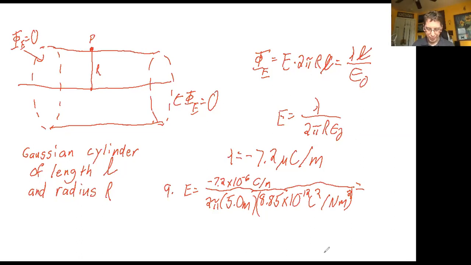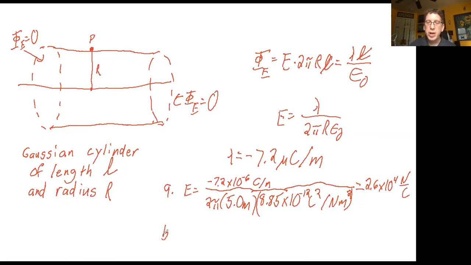So what we get is 2.59, or it's two significant figures, so 2.6 times 10 to the 4 newtons per coulomb. So that's part A.